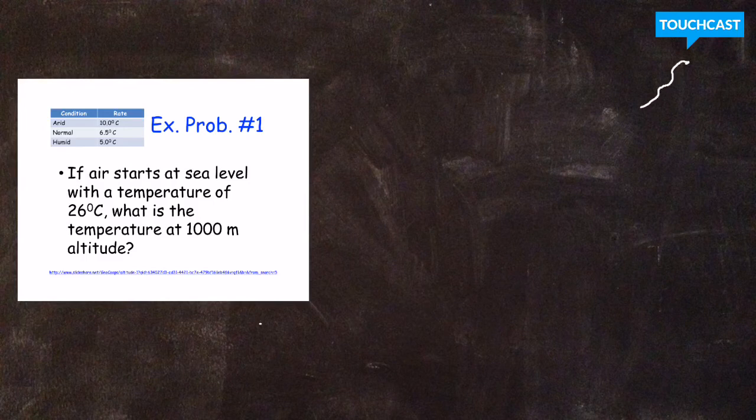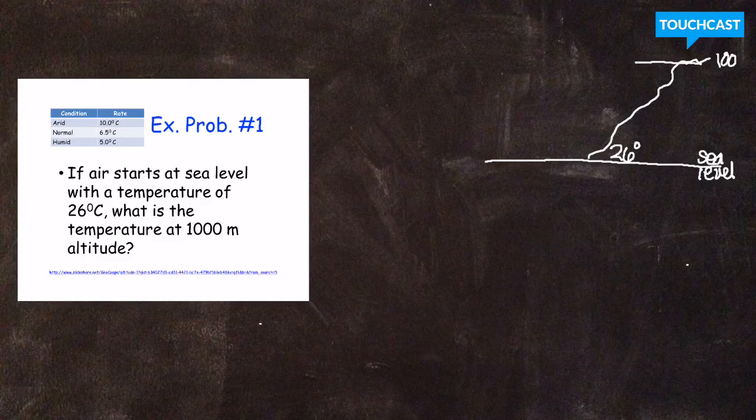So I'm going to draw myself a picture, and I'm going to put 26 degrees. I don't have to worry about altitude and elevation because it tells me that I'm at sea level. So what's the temperature if I go up to 1,000 meters? Now in this problem, I think it tells you to use the dry environmental lapse rate.